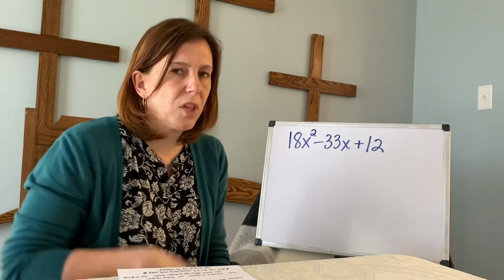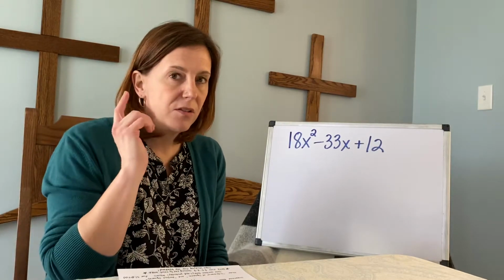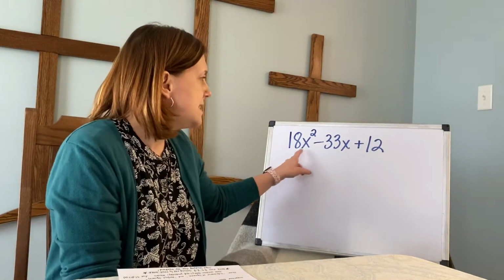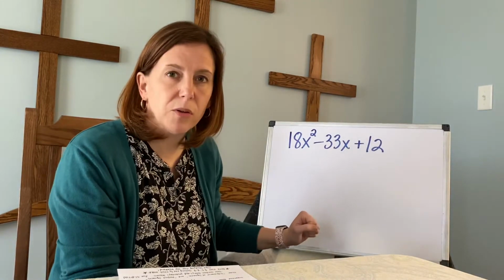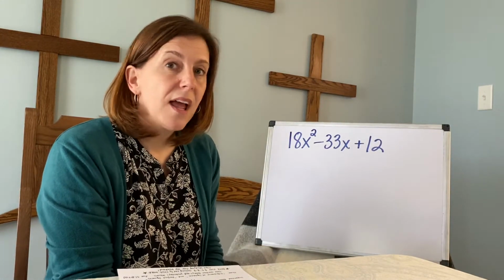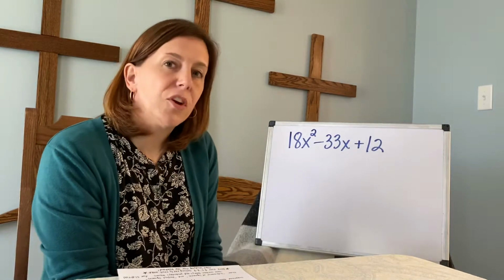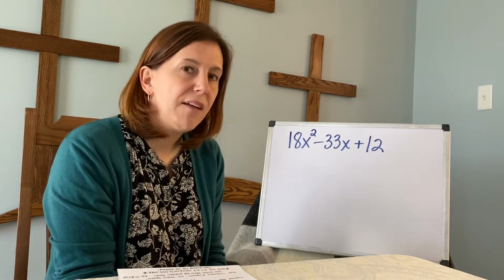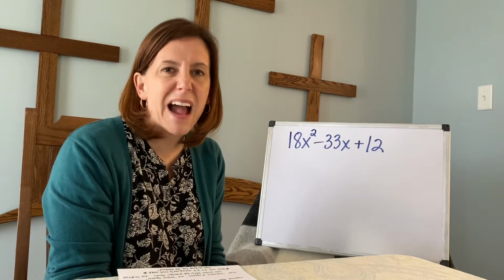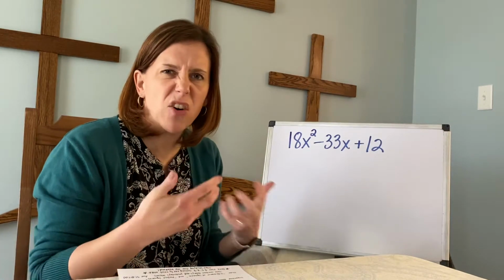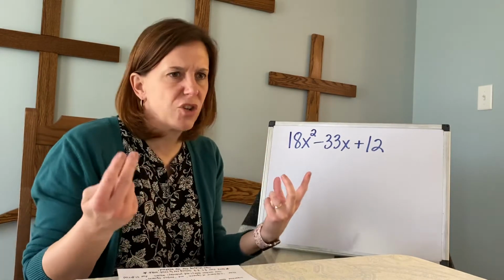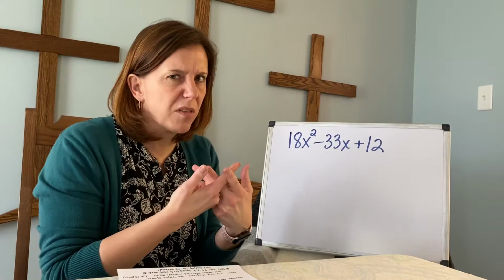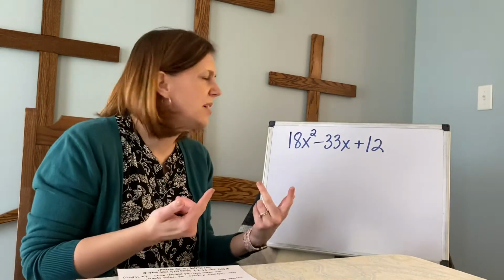However, you might be looking at this and noticing some really large numbers. 18 times 12 would be my ceiling. My b would be negative 33 in the basement. I'd have to do a lot of math work to figure out how to get those two factors that multiply together to get that really big number, but add together to get b.